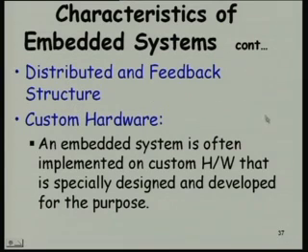Another requirement is custom hardware for these applications. We do not need a general purpose processor, or maybe a general purpose sensor or actuator. We might have to design specific hardware for many of these devices. For example, if we have a coffee vending machine, if we use a general processor, it will not fit because it will be extremely expensive, is it not? We need a small processor there.